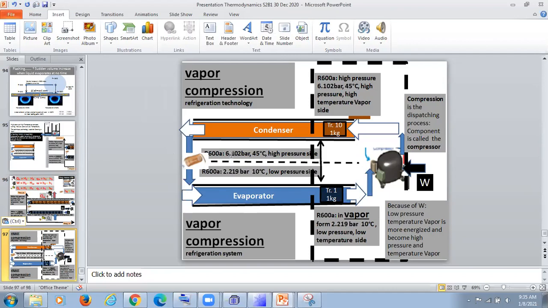Metering means control. So there is a limitation for the flow. You cannot let a heavier flow than what the compressor or the dispatcher expected. So there is a control.